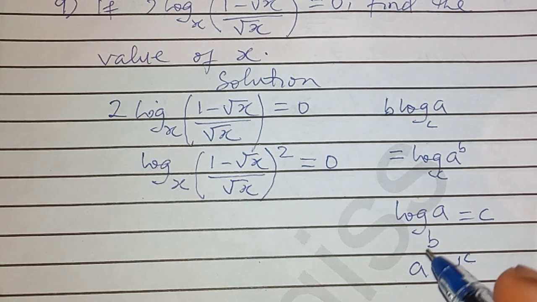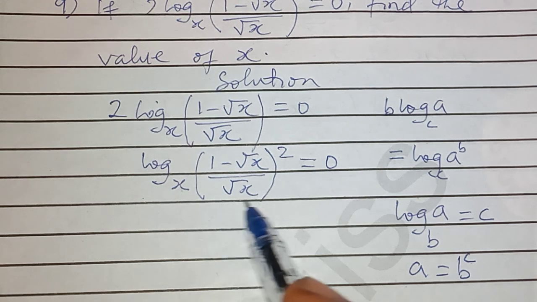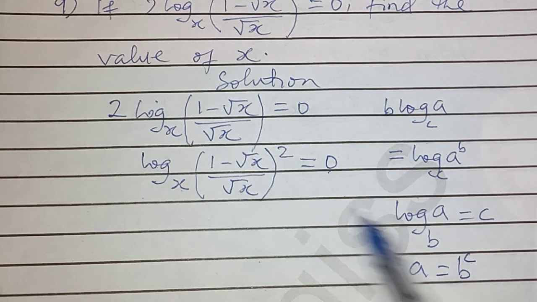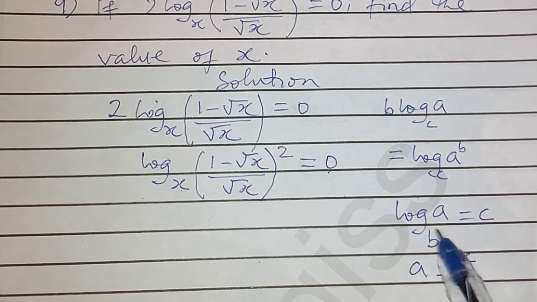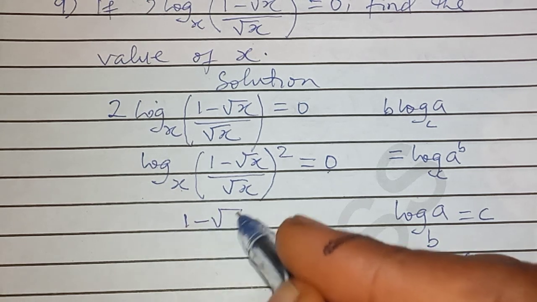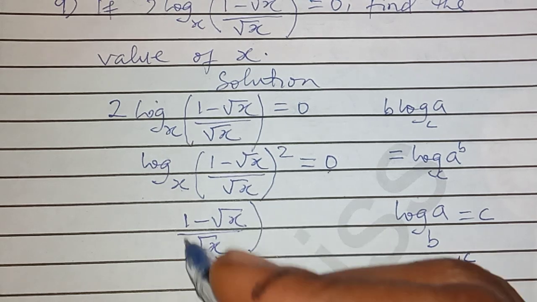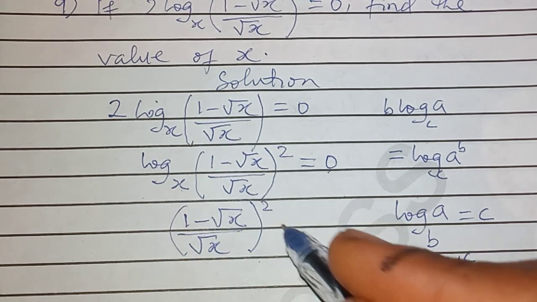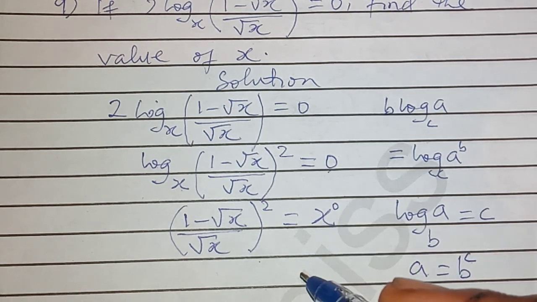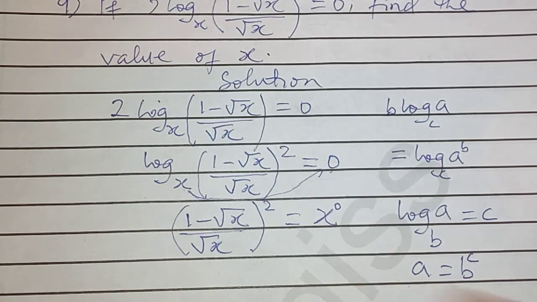So applying this law here, we are going to raise x to the power of 0. So in doing that, we'll have 1 minus the square root of x all divided by square root of x all raised to the power 2 is equal to x raised to the power of 0.